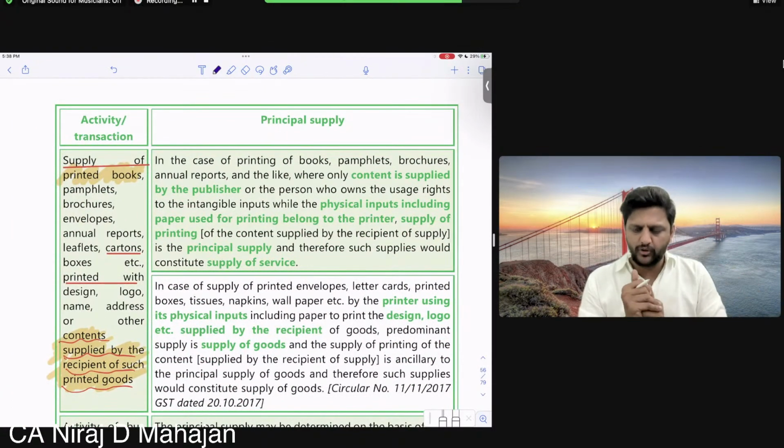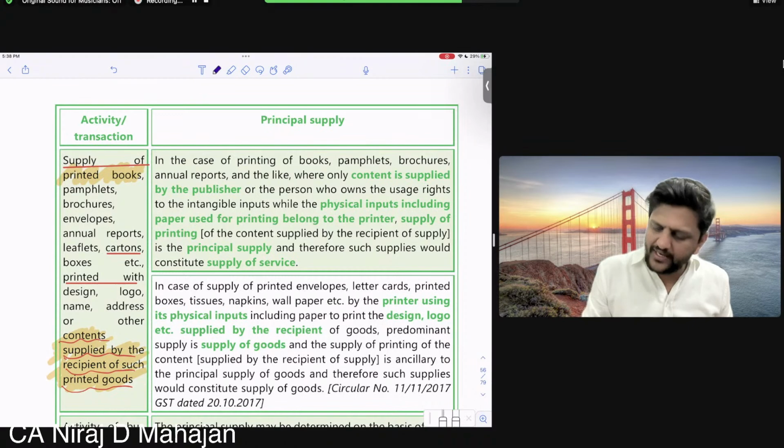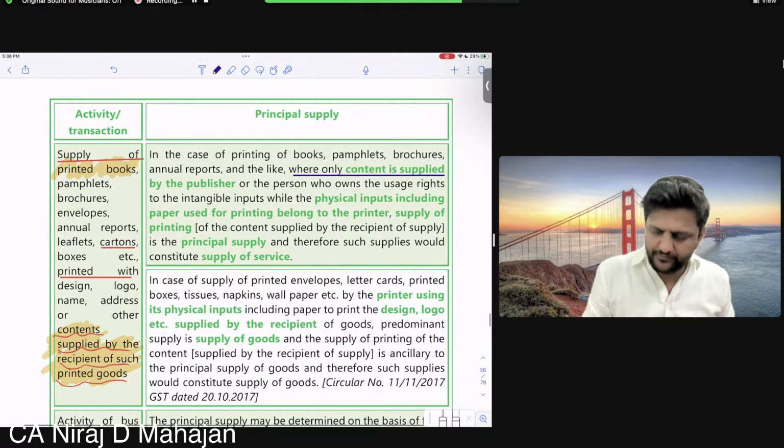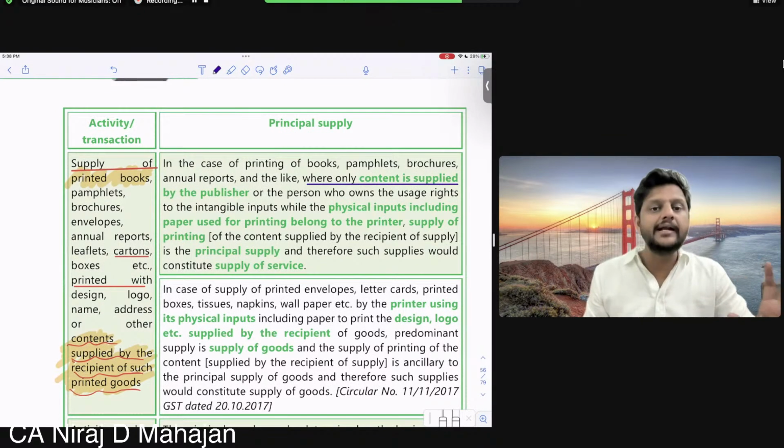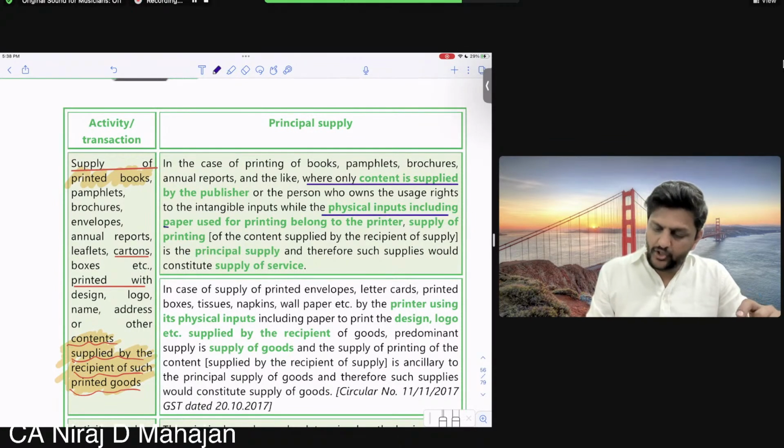In case of printing of books, pamphlets, brochures, annual reports and the like, where only content is supplied by the publisher, or the person who owns the usage rights to the intangible inputs. Is it okay till here? Let us say I sent for printing of my book, so I own the content, the intangible rights, while the physical inputs including paper used for printing belong to the printer.